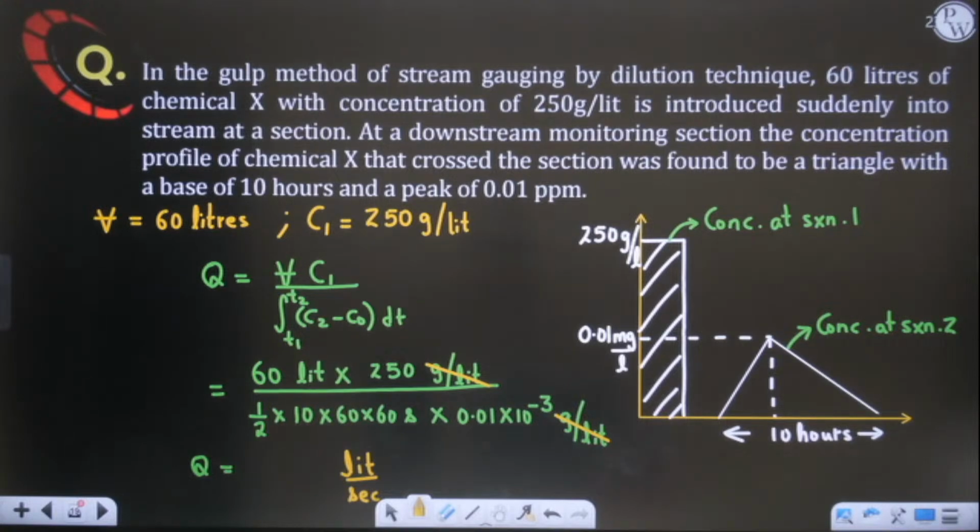Yes, perfect. We are getting it as 83. Solve it quickly. Tell me how much we are getting here. We are getting 8333.33, right?